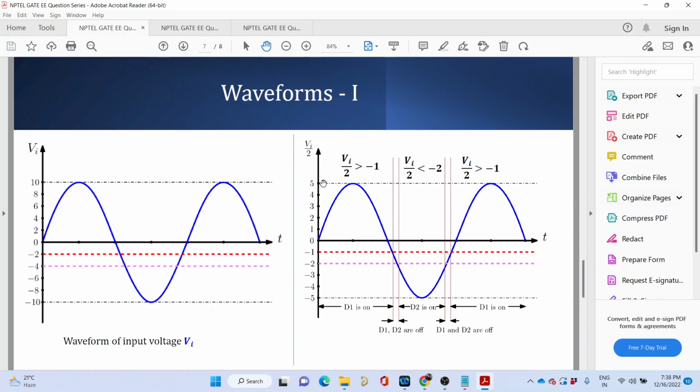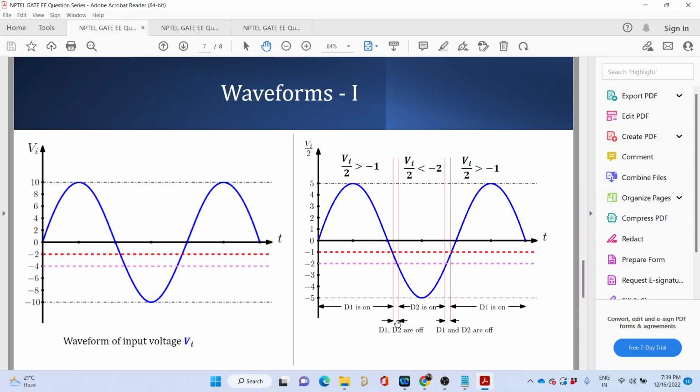In this region, which I have indicated by the first straight line on which my cursor is moving right now, Vi by 2 is always greater than minus of 1. So D1 will always be conducting in this region.